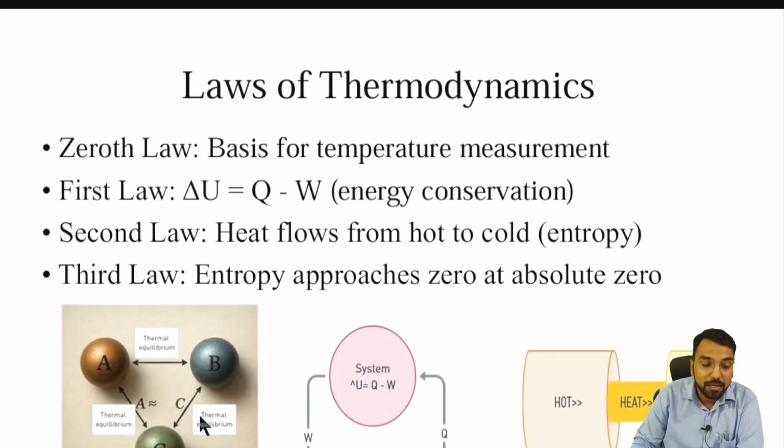Then, according to the zeroth law, sphere B and sphere C are also in thermal equilibrium, because A and B, and A and C, are in thermal equilibrium. That's why we can predict the temperature or thermal properties of B and C with respect to A.